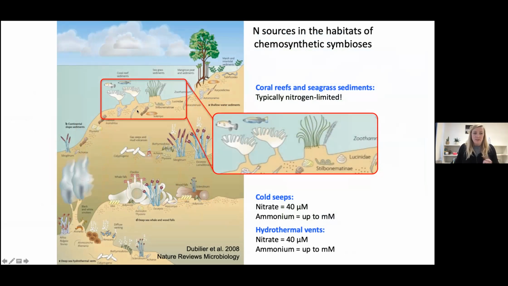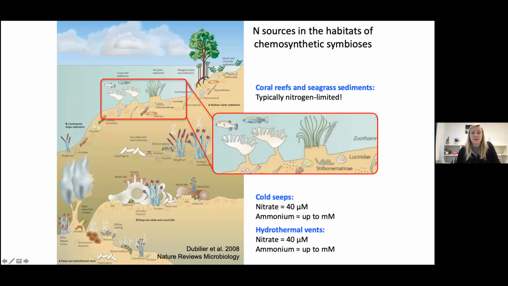But we do have a few samples, and that's what I'm going to talk about today. Going back to the question of nitrogen fixation and whether this is conserved in all of the lucinid symbionts we look at, thinking about the environments that we're considering here. The coral reefs and seagrass sediments, as I mentioned, are typically nitrogen limited.